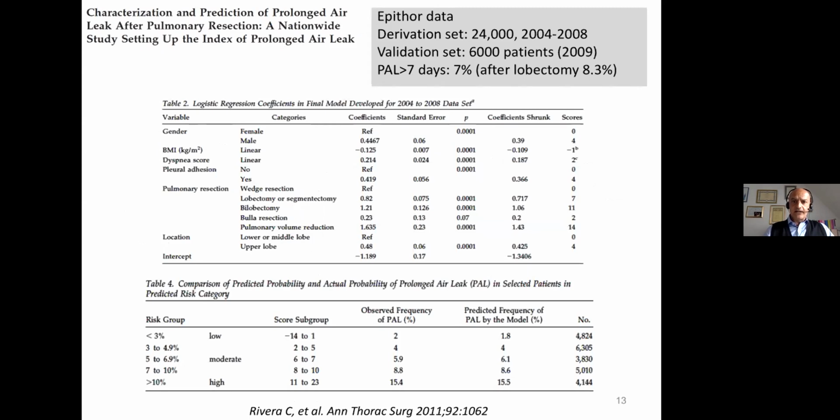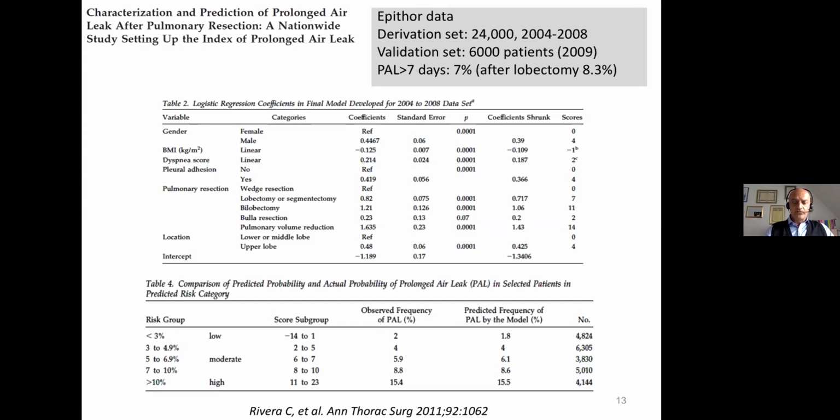This is a large study from EPITHOR, the French national database, and the authors tried to develop a model for predicting prolonged air leak on 24,000 patients, and then validate it on another group of patients operated on the following years. Their incidence of prolonged air leak after 7 days was remarkably low, only 7%.